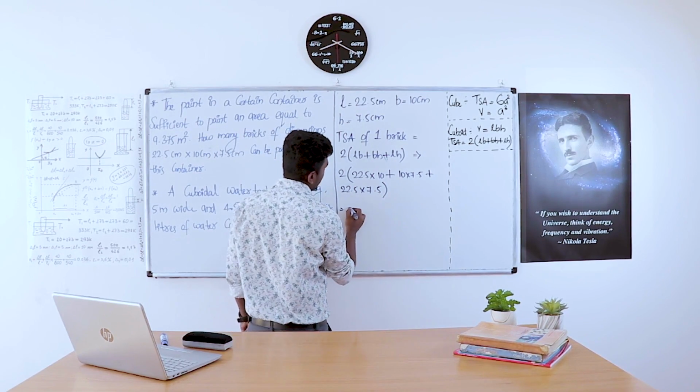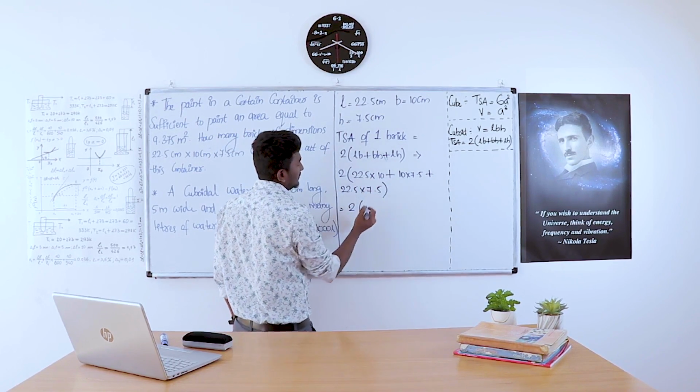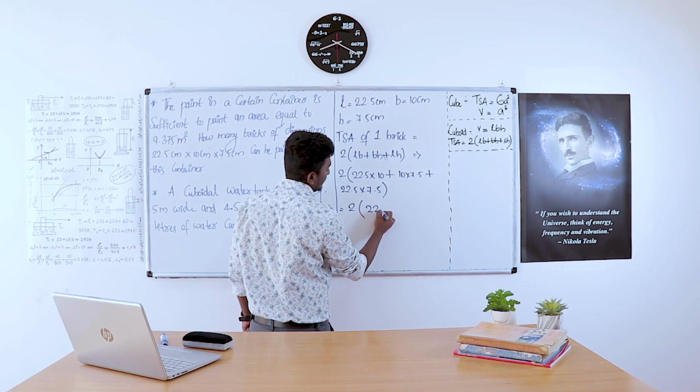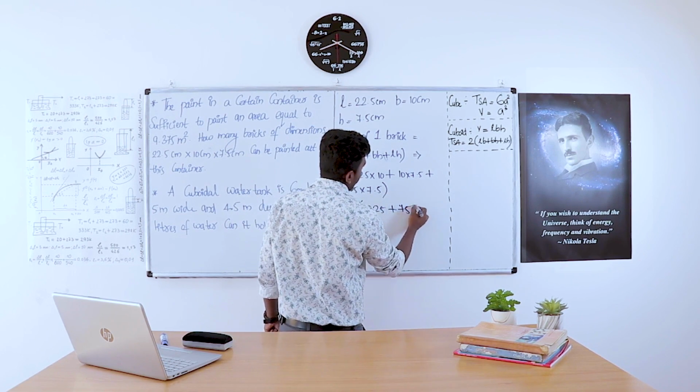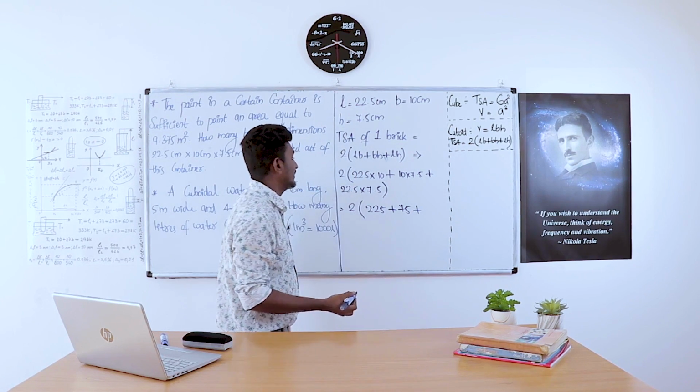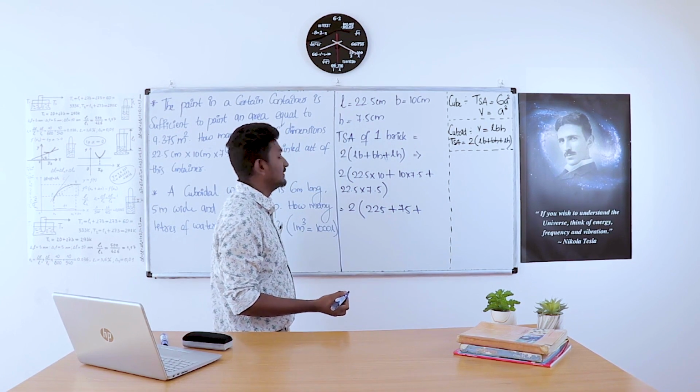That is equal to 2 into 22.5 into 10, which gives 225, plus 10 into 7.5, which gives 75, plus 22.5 into 7.5.